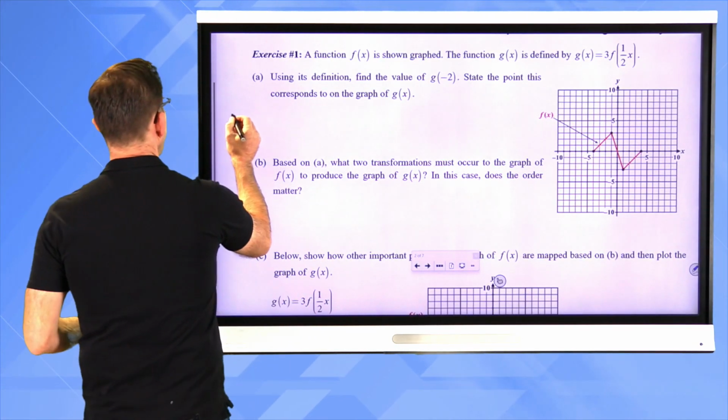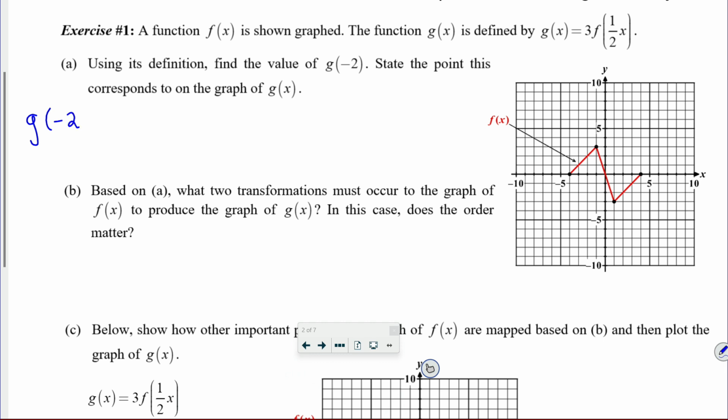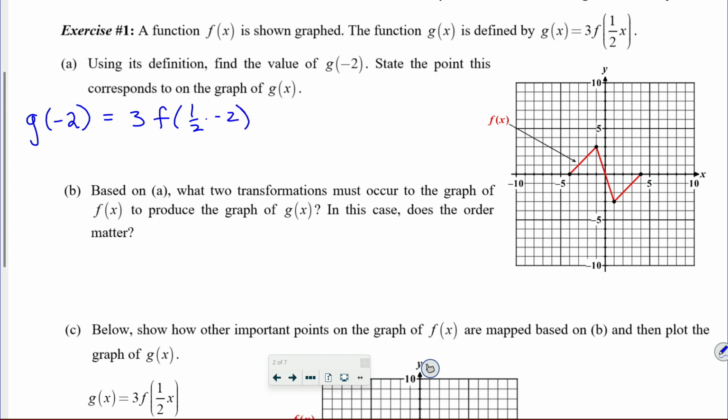So, anytime we have a formula for a function, it's worthwhile if we're trying to evaluate the function to use the formula. So g of -2 is going to be 3 times f of 1/2 times -2, which is 3 times f of -1.